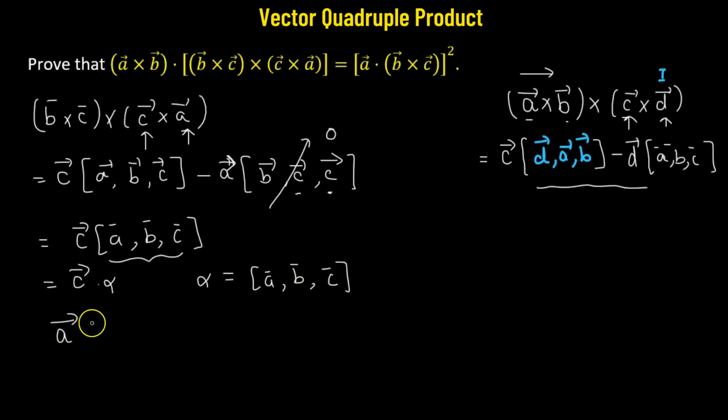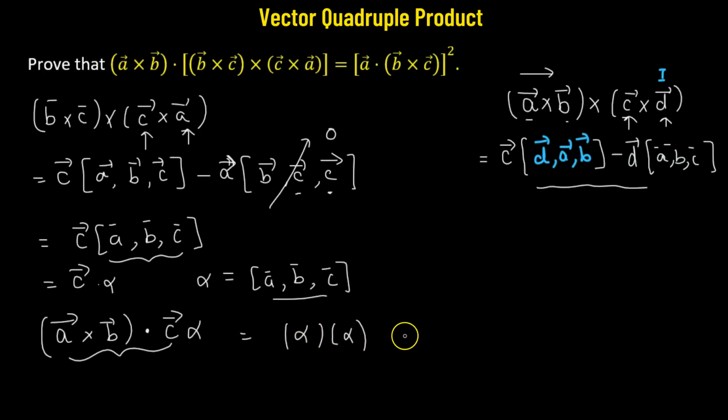Fine. Now we come back to our original expression. We have vector A cross B dotted with B cross C cross C cross A, which we obtained just now is C vector times alpha. So we have A vector cross B vector dot C vector. This by definition is the scalar triple product between A, B, and C. So that means this is also alpha. So this will be alpha, and we also have an alpha.